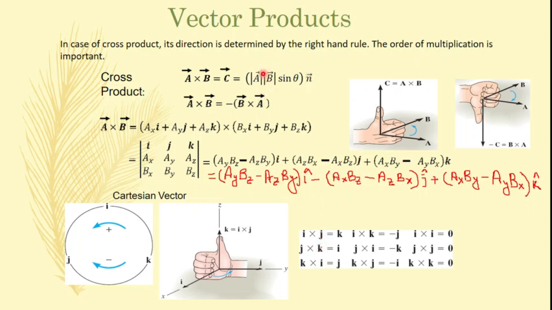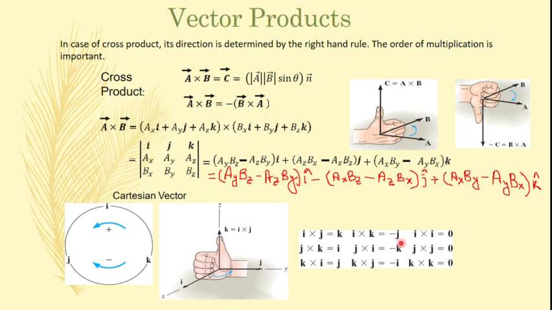That is why the magnitude of this total vector is 1, and the unit vector which acts perpendicular to these two vectors is k. That is why i cross j is equal to k. But if we take i cross k, it is minus j.